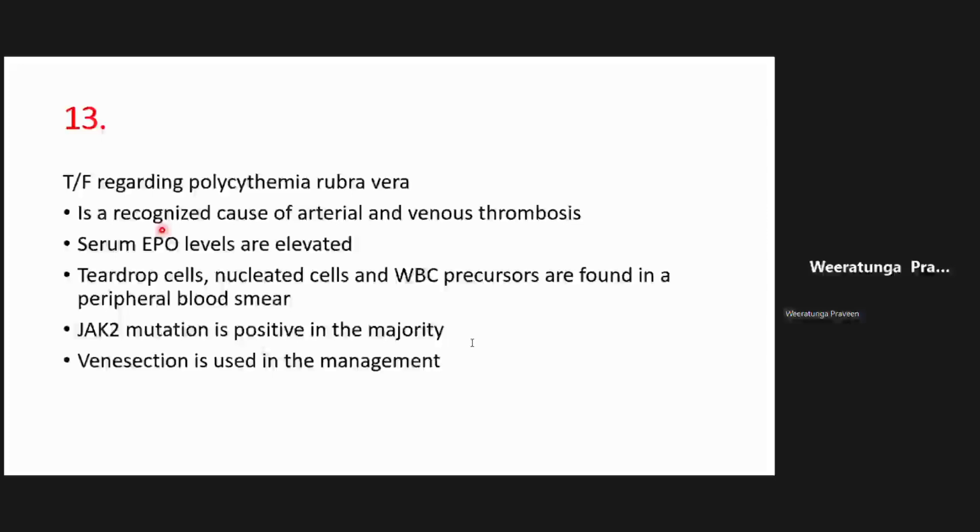They are polycythemic, their hemoglobin is high, red cell mass is high, hematocrit is high. That is what you see. If you measure the erythropoietin levels in polycythemia rubra vera, what will happen? You can imagine it. When there is increased red cell production, the erythropoietin levels are suppressed. So they have lower erythropoietin levels.